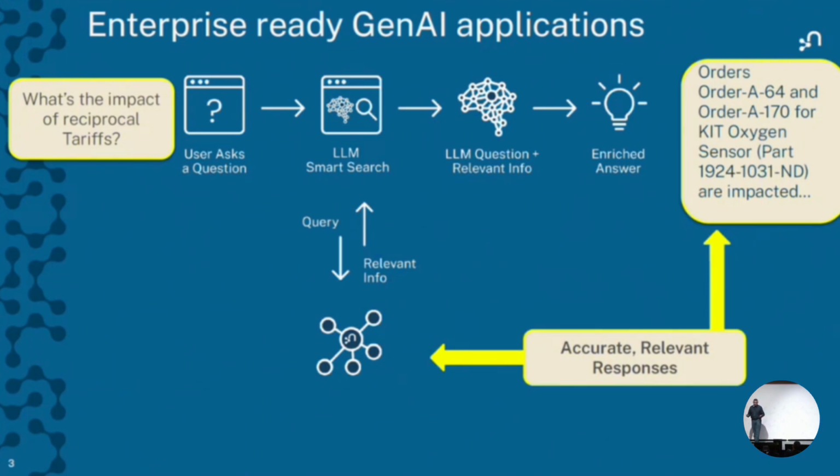How do we get to a point where the answer isn't about educating people about tariffs, but about how this particular order on the line is going to be affected by this reciprocal tariff because the cost is going to increase for my customer, which I need to communicate right now? So we need accurate and relevant responses, as well as an understanding of who's asking the question, what the role of that person is, et cetera.